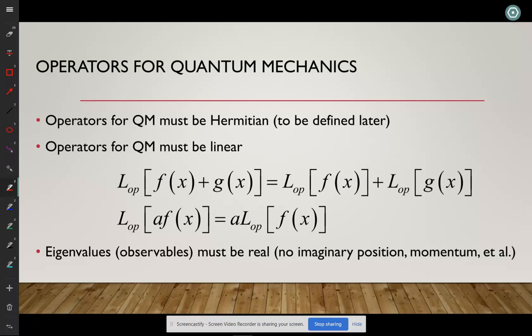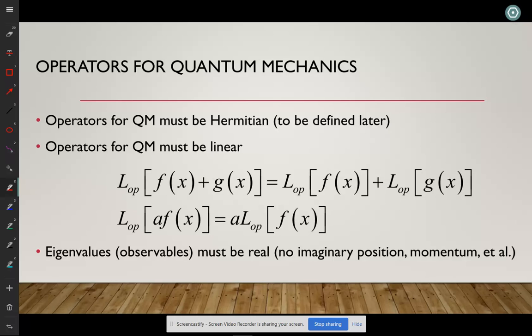Our operators are the functions that we use to extract information from the wave function. And we've seen only a few actual real operators, and then we've done a bunch of pie in the sky operators just to test to see if they were linear. So these are the linear tests, the ones that you did on that homework, so you should be really comfortable with that. You should be able to, on the test, given an operator, say, is this a linear operator or is it not an operator?